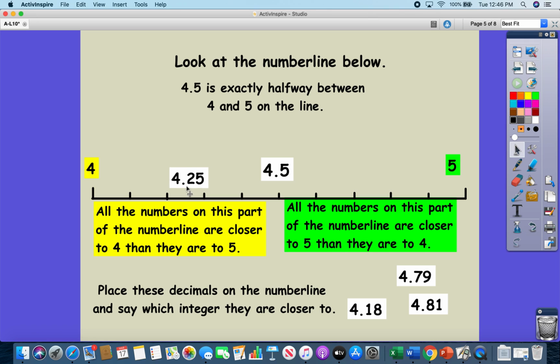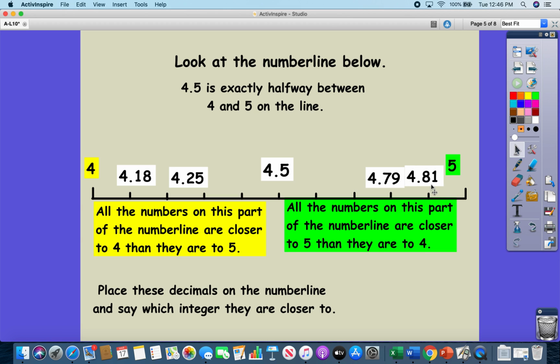So this is going to be right in the middle. What's it closer to? 4. 4.79, 4.6, 4.7, 4.8. 4.79 is real close to 4.8, right? And so we're going to round that one up to 5. 4.1 would go here and round down to 4. 4.81 would round up and go to 5.